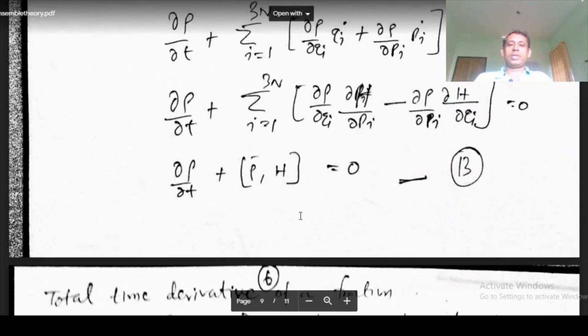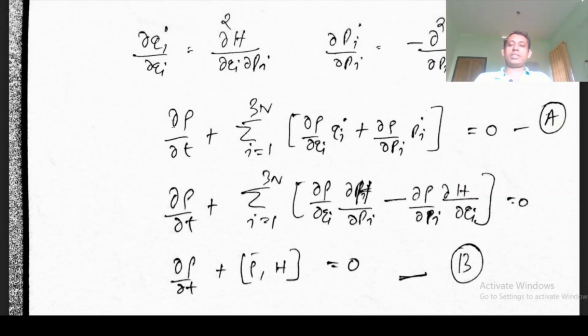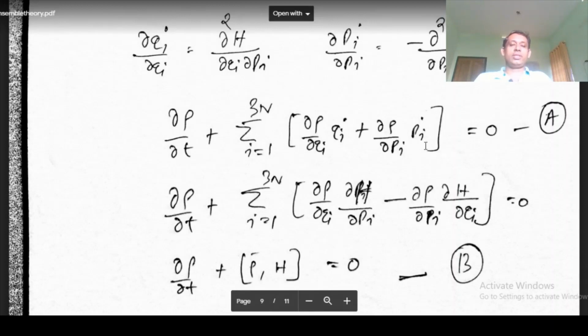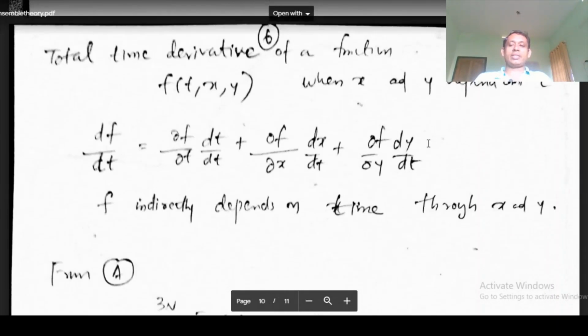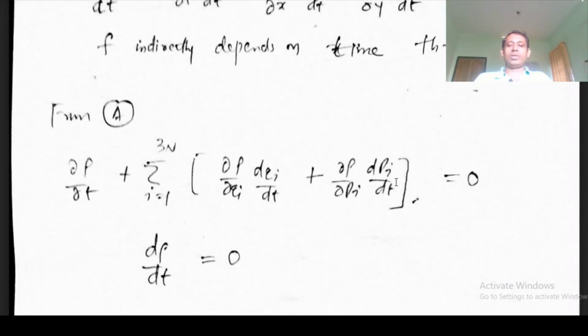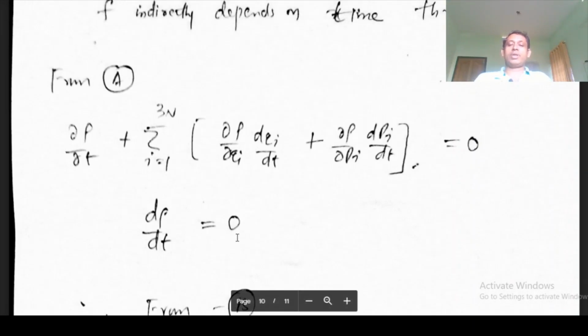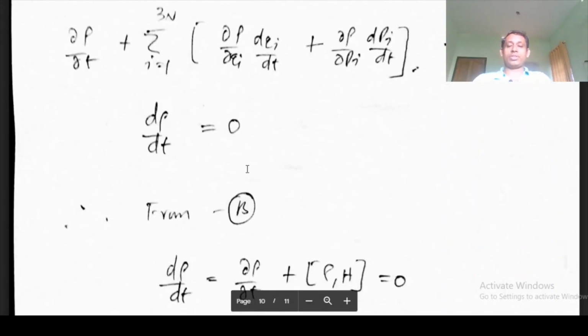So this thing in equation A is basically the total time derivative of the density function. So from equation A, I can write the total time derivative of the density function dρ/dt is equal to 0.